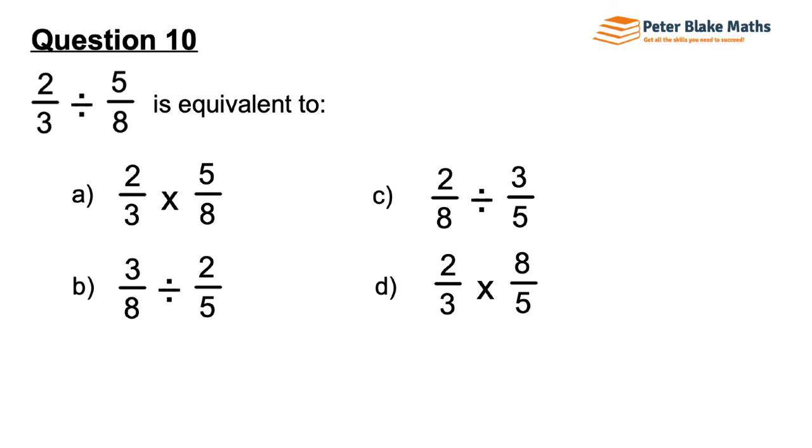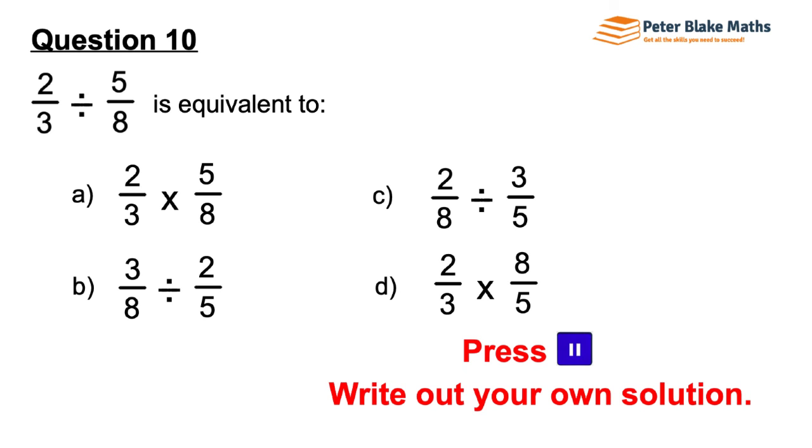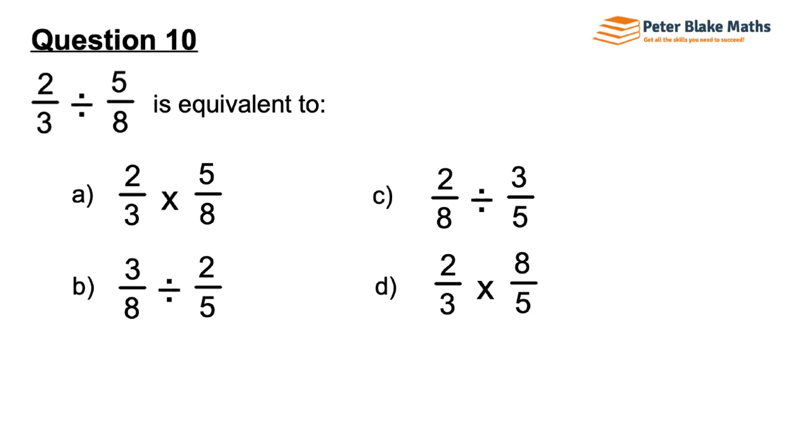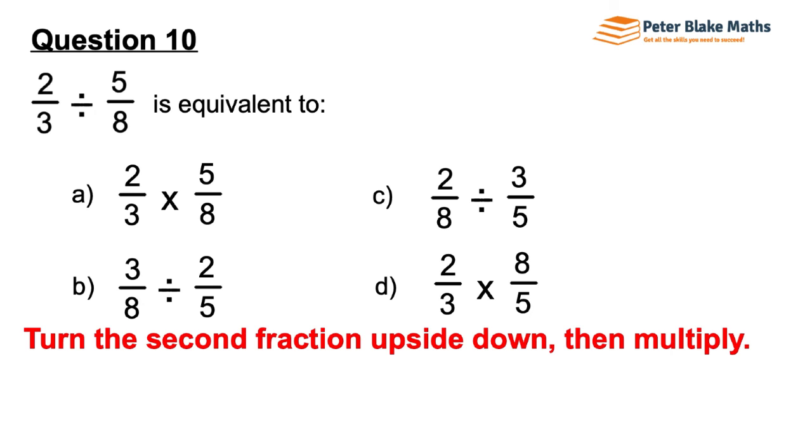Question 10. 2/3 divided by 5/8 is equivalent to 2/3 times 5/8, 3/8 divided by 2/5, 2/8 divided by 3/5, or 2/3 times 8/5. There's a rule that says when you're dividing by a fraction, we turn the second fraction upside down, then multiply.